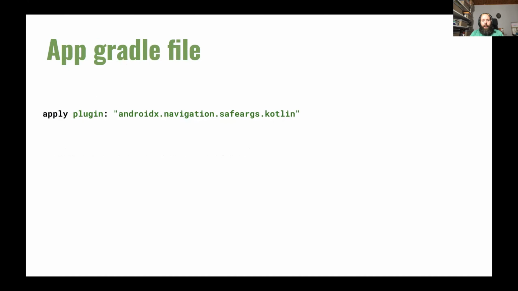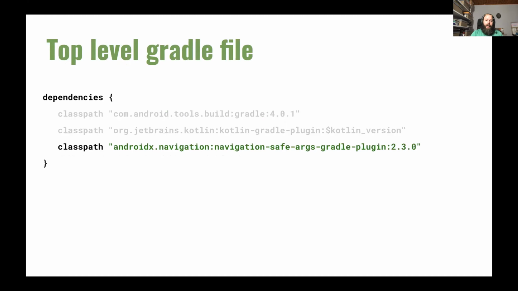In your app Gradle file, you should add this plugin at the end of the build Gradle, like you do with the Google Services plugin. And then in your dependencies, you have to add the classpath to the navigation safe args. This should be done in the top level Gradle file, and the version should be the same as your navigation dependency.